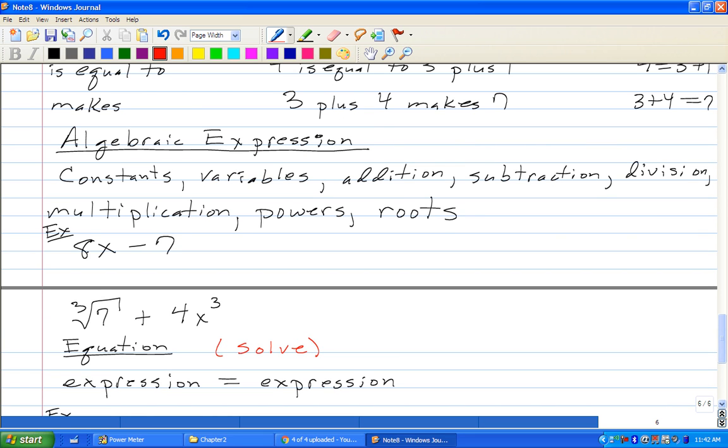We simplify expressions. We evaluate expressions. But we never solve expressions. And so expressions are never solved.